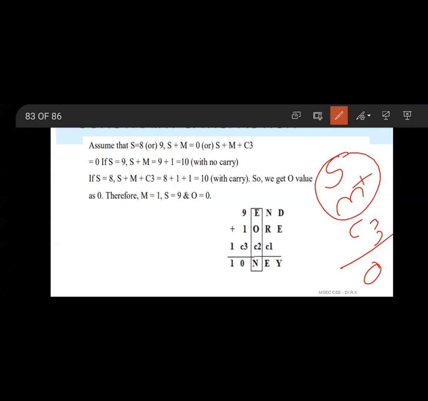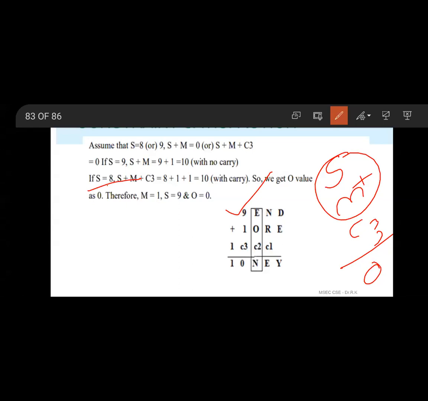If S equal to 9, S plus M equal to 10 with no carry. If S equal to 8, S plus M plus C3 equal to 10 with carry.